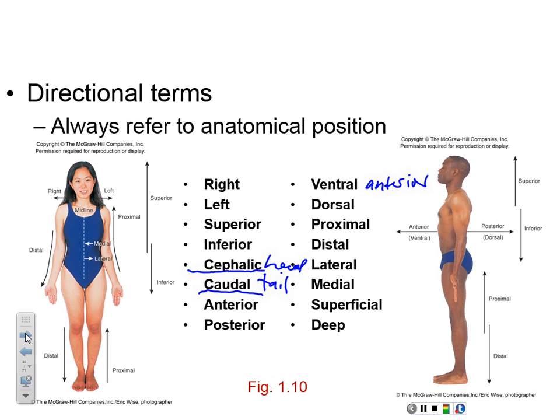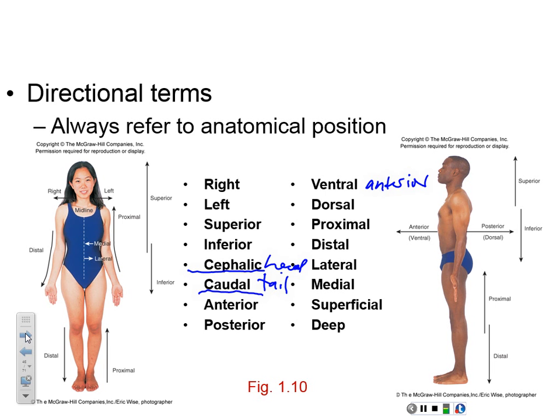There's a question I would like you to also do that's in the back of your book about critical thinking, that compares these directional terms from a four-legged animal to a two-legged animal. All right. Dorsal means back. Dorsum is a Latin word meaning back. All right, that's in a four-legged animal, so that's dorsal.